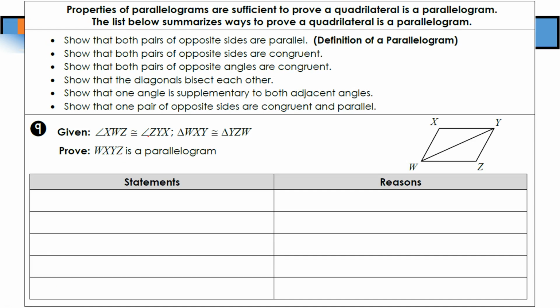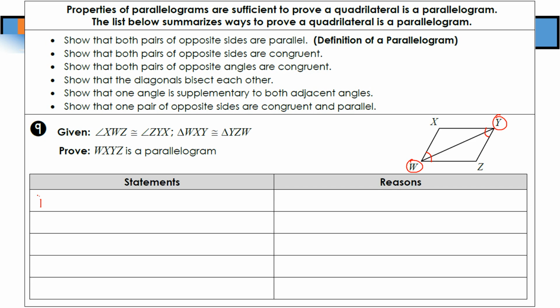In example 9, we're given this information. Angle XWZ, that's this whole angle, that's all of angle W, is congruent to angle ZYX. That would be this angle here, or all of angle Y. We're also told that the two triangles inside this quadrilateral are congruent to each other.